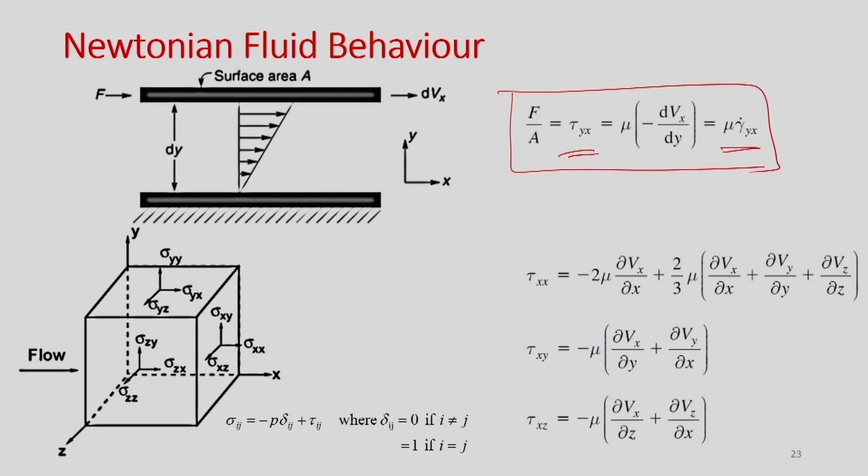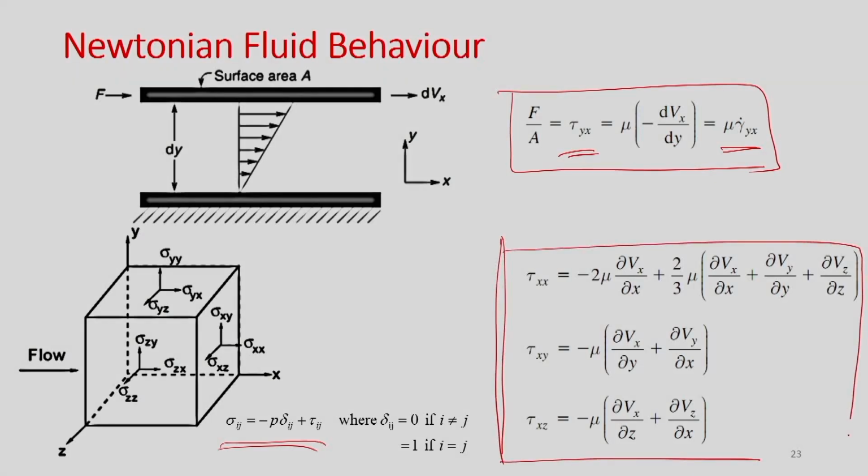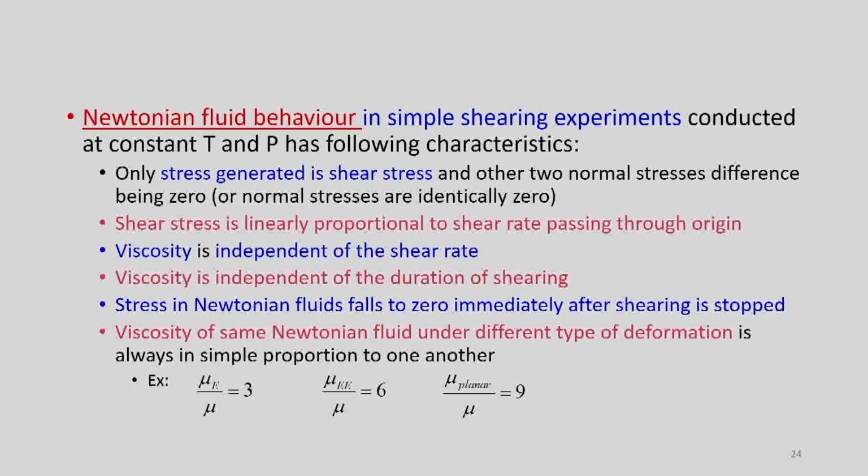If we have flow in all three directions, then for each plane we can write this sigma ij as indicated here in the figure, and we can expand this sigma ij as minus p Kronecker delta ij plus tau ij. So, in general, for Newtonian fluids we can have tau xx, tau xy, tau xz in expanded forms like this. So, what specifically about Newtonian fluid behavior in general?